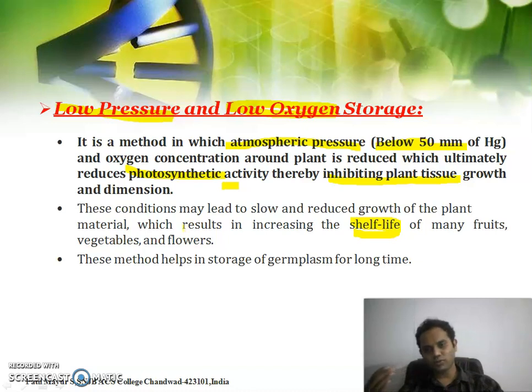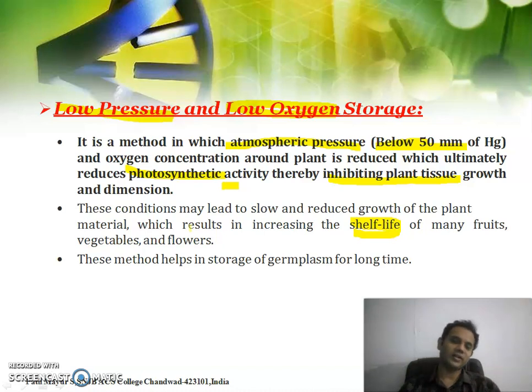So low pressure and low oxygen storage, cold storage, and then we have seen cryopreservation. These are the storage methods by which we can preserve germplasm for a long period of time, and it is very important from the biodiversity conservation point of view, because as we discussed in our first lecture, biodiversity loss is increasing more and more.